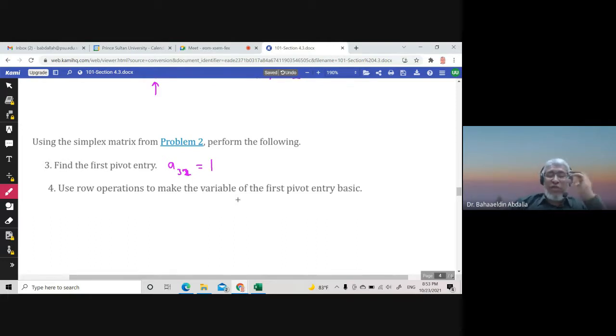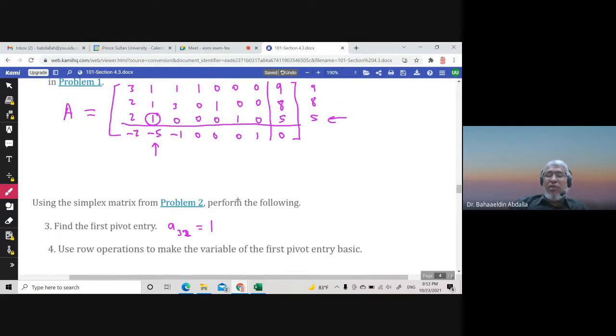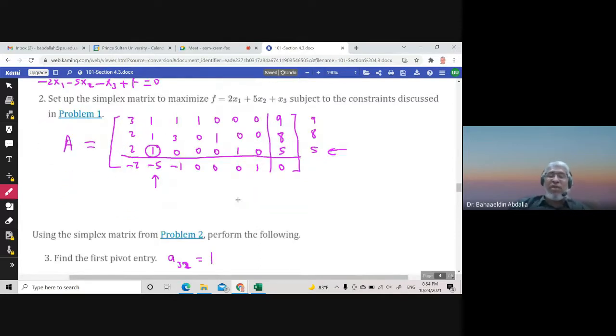Use row operations to make the variable of the first pivot entry basic. Okay, so we want to change now x2 to a basic variable. So it is 1 already. That's nice. So we will use it to make the other numbers zeros. So what are the transformations? Negative R3 plus R2.